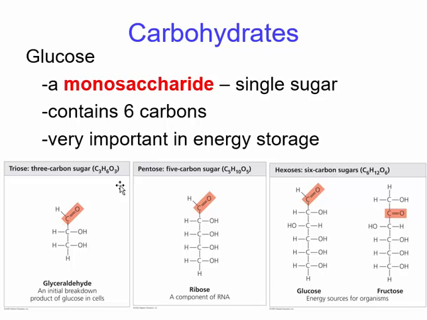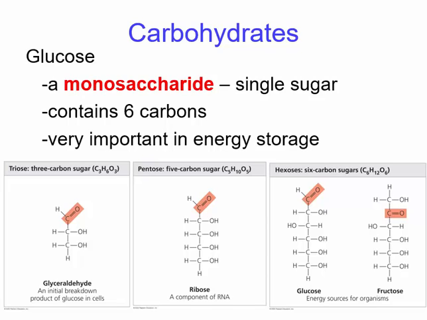Where double bonds are and how many carbons there are, like we talked about with isomers, is going to determine the actual function of that compound. Like fructose here is an isomer of glucose, right? So you have the same chemical formula, but you have a double bond in a different place, and then you've got something that's different.